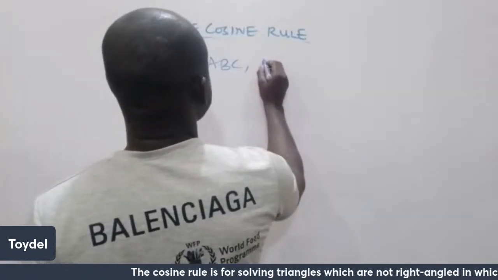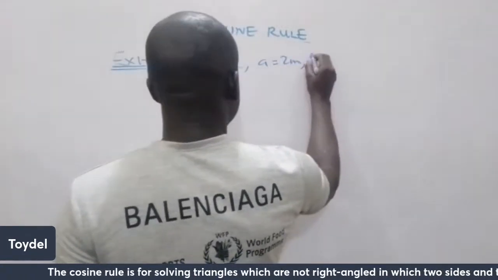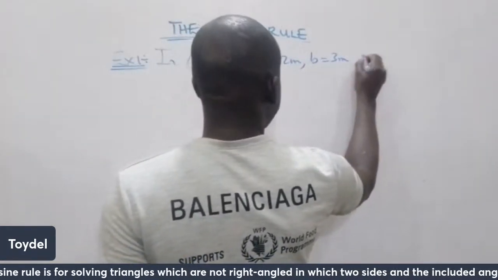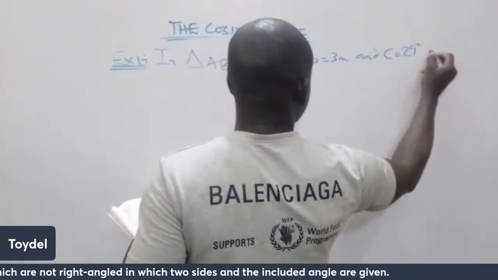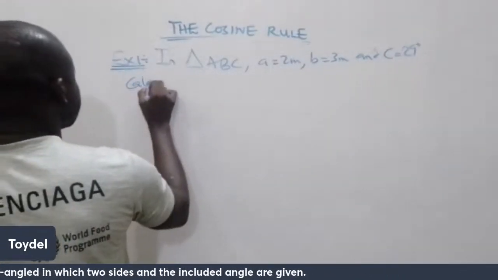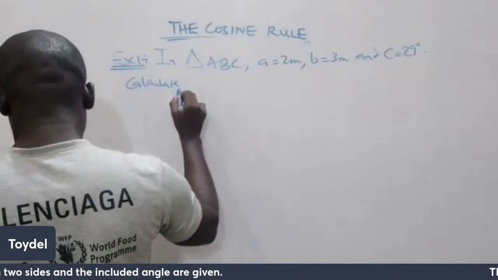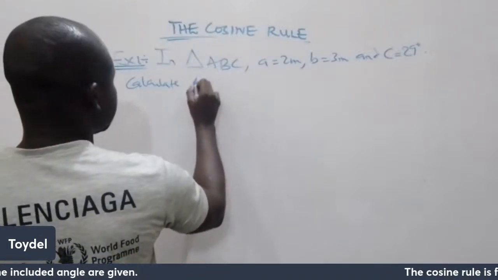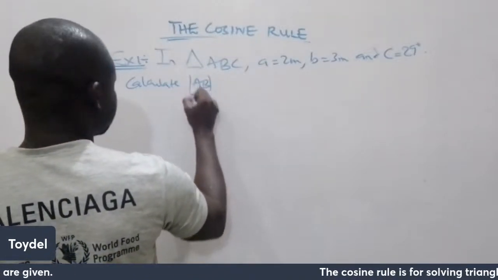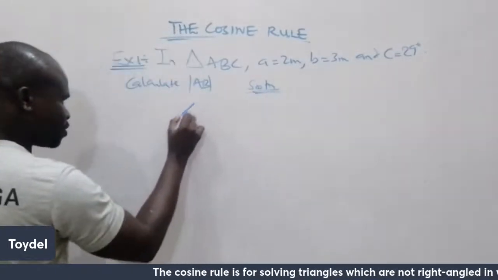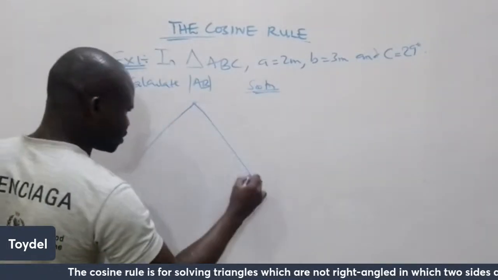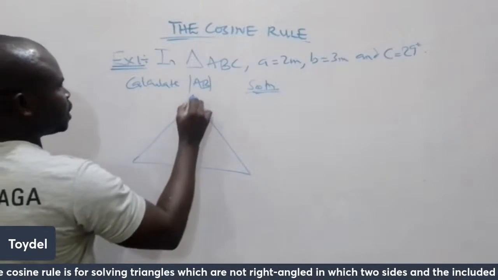In a triangle ABC, a is given as 2 meters, b is given as 3 meters, and angle C is given as 29 degrees. The question says calculate side AB. Of course, we are going to see what that is talking about. Once we are given a question under trigonometry, sketch out what we are given.